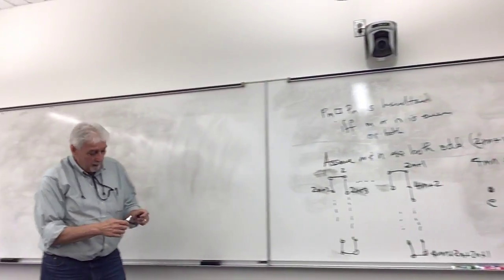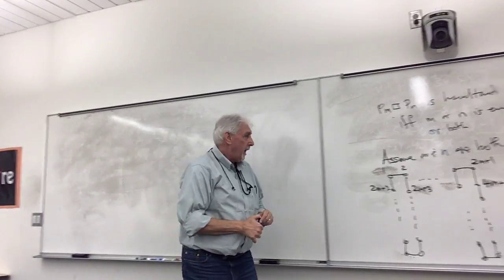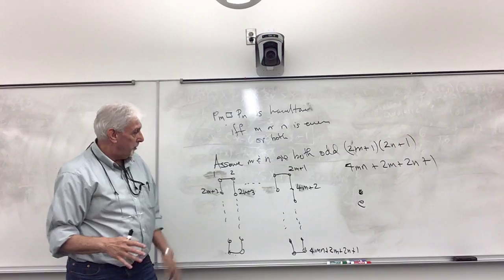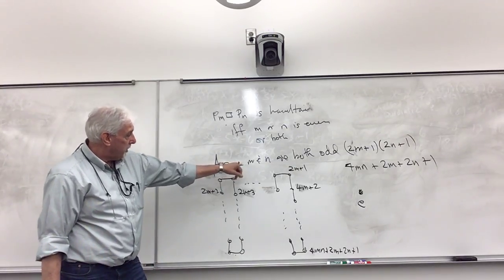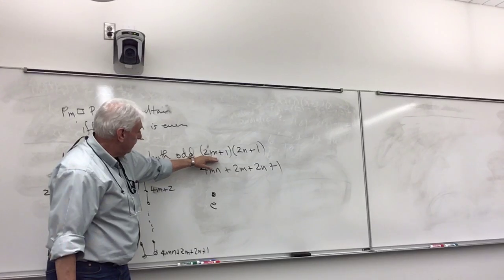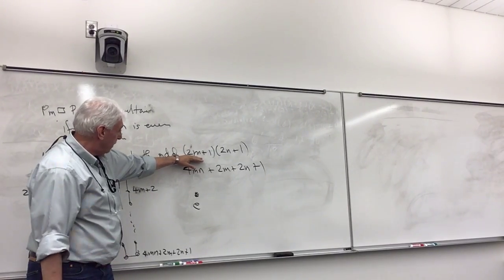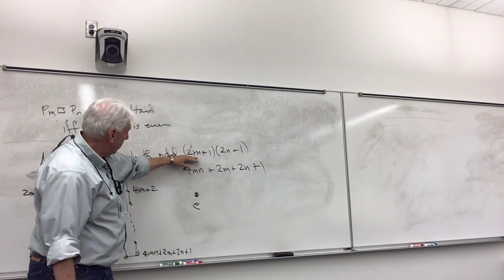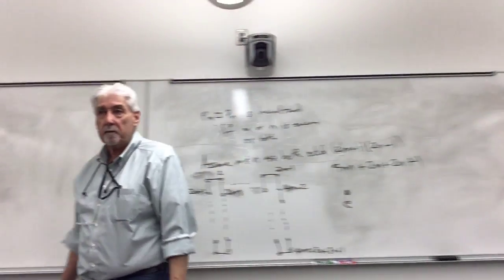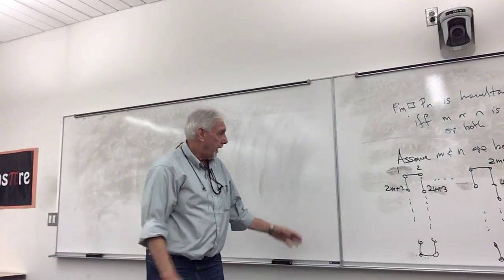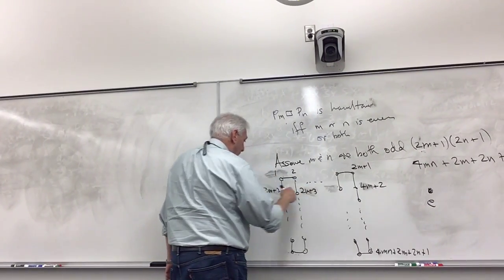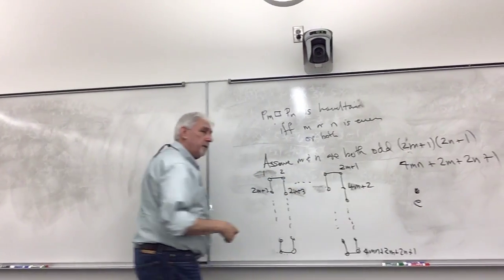Okay, one more time. I'm taking both m and n are odd, so I'm abusing the notation. We can say m and n are odd, and then I understand I'm misusing m and n. But let's say that the odd number is 2m plus 1, and the other odd number is 2n plus 1. And then I'm just going to go down, so 1, 2, 3, and so forth, and keep going.